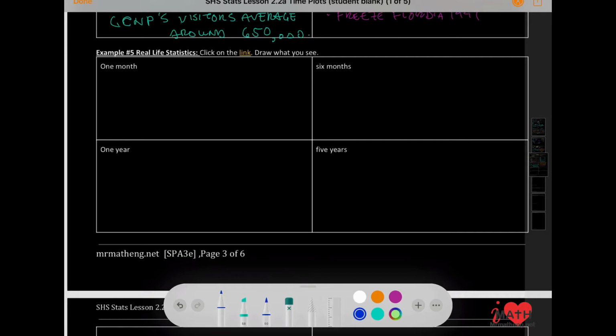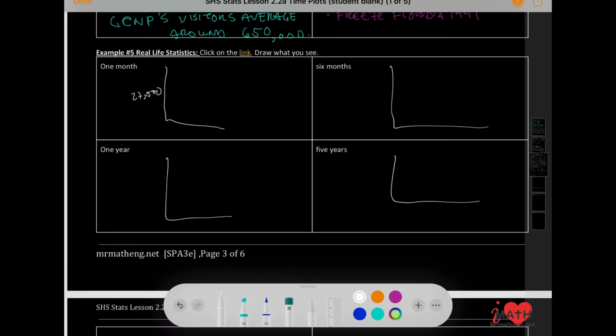So if you click on the website, it just takes you to the Dow Jones Industrial Average. And I'm just going to draw my 1 month. Just going to draw a bunch of graphs here. Wow. 1 month, we are at 27,500.